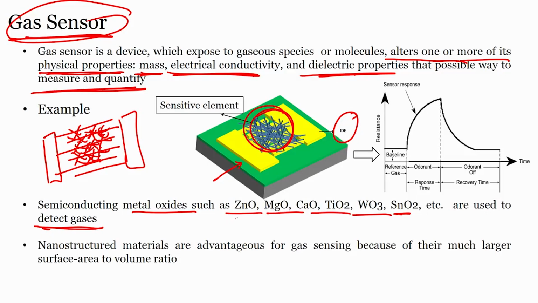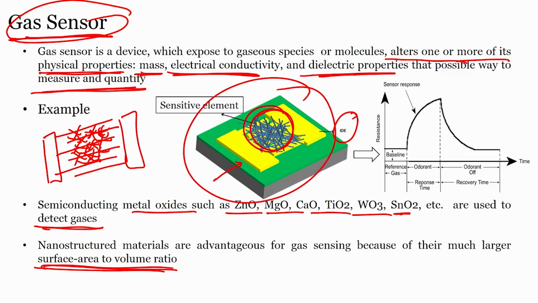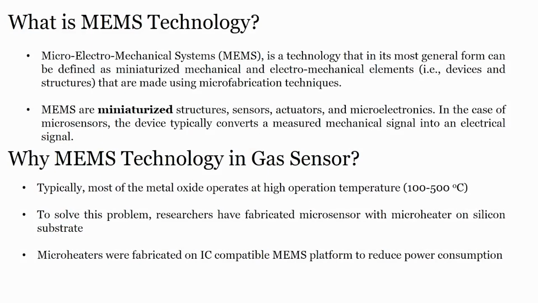If you want to grow nanostructures, they are advantageous because of their higher surface to volume ratio. We do not care about this one, we just see how we can design this gas sensor. Again we will use MEMS technology, that is why I have given a slide, so that you understand exactly what MEMS technology is.